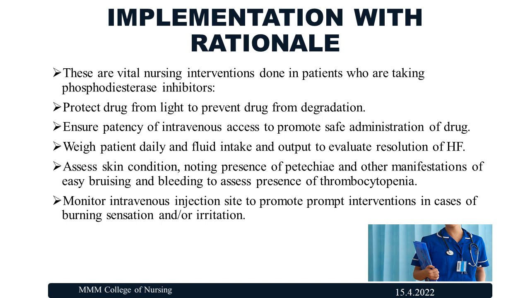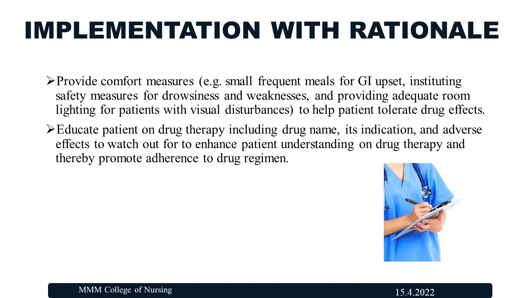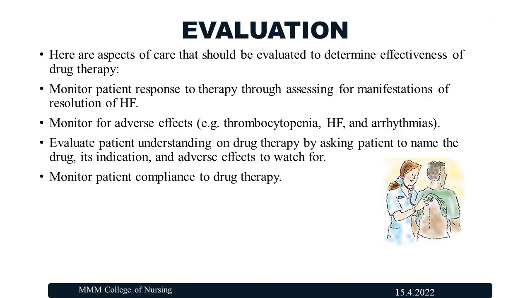Monitor the intravenous injection site in cases of burning sensation and irritation. Provide comfort measures for GI upset, institute safety measures for drowsiness and weakness, provide adequate room lighting, and assess for visual disturbance. Educate the patient on drug therapy, indications, contraindications, and other side effects of the drug.